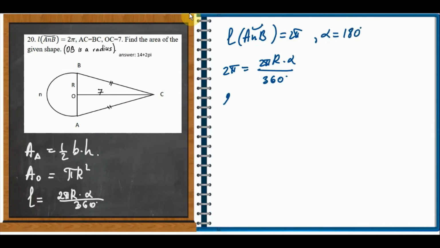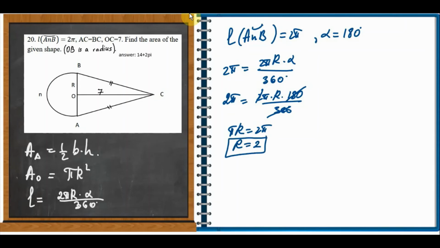So 2 pi is equal to 2 pi multiplied by r multiplied by 180 degrees over 360. Now we can cancel 180 times 2 by 360, and we will get that pi multiplied by r is equal to 2 pi and r is equal to 2.